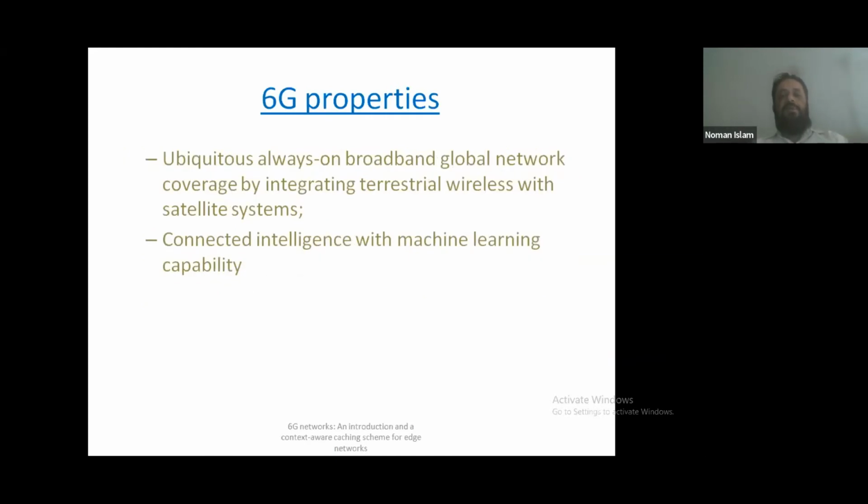Then ubiquitous connectivity, in which ubiquitous computing was an idea that was presented 20 years earlier by Mark Weiser, in which he proposed that we will see a generation where everything around us will be connected over the internet, and we will be interacting with those devices seamlessly without even having the feeling that some communication or computing device is around us.